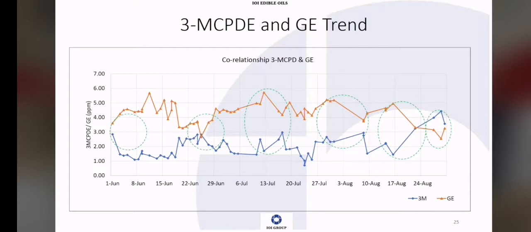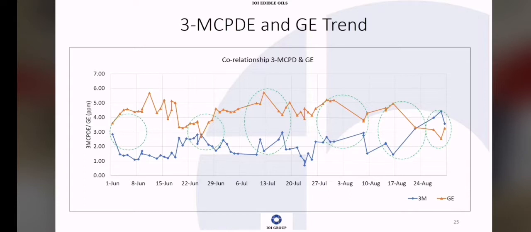On the extreme left-hand side of the graph, when the 3-MCPD starts to drop, you will see the GE rising. The 3-MCPD is dropping, very likely indicating that there isn't much more chloride left in the oil to form 3-MCPD. So the DAG forms GE instead, and that is why you have them going in opposite directions.